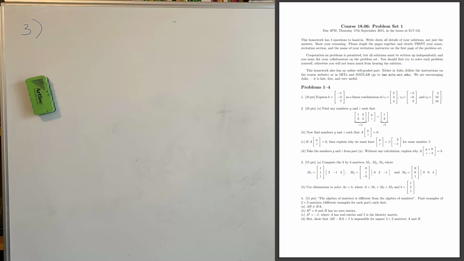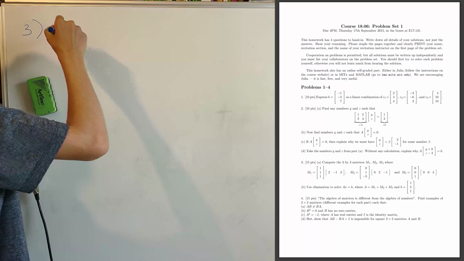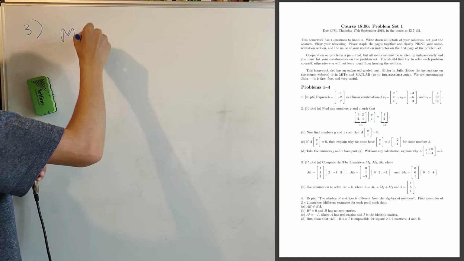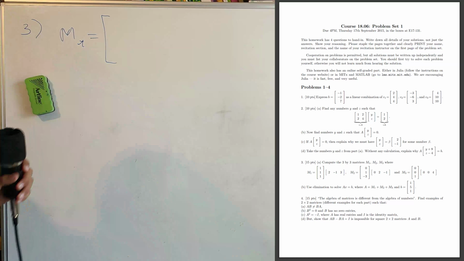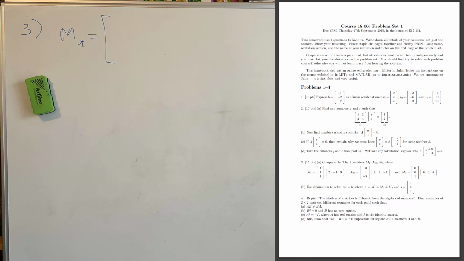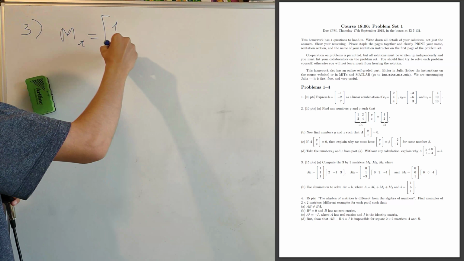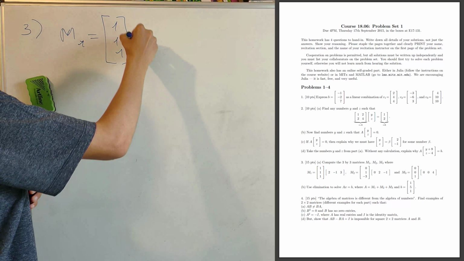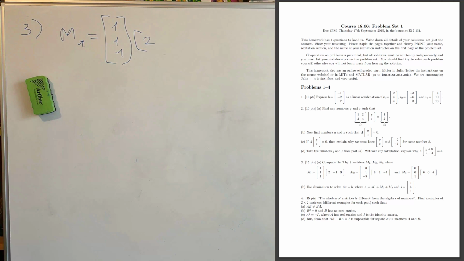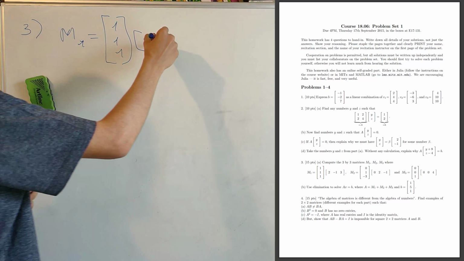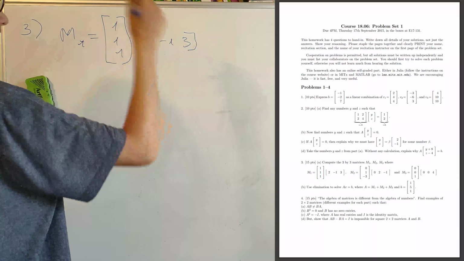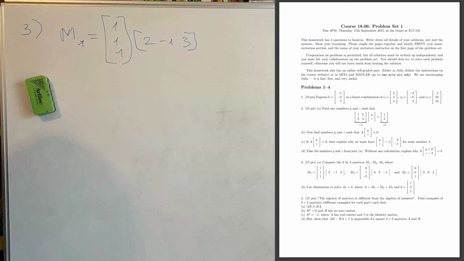Maybe I'm terribly wrong. 2 times 2 minus 1, 3. So how do you think about this without any calculations? I mean with calculations, but intuitively.